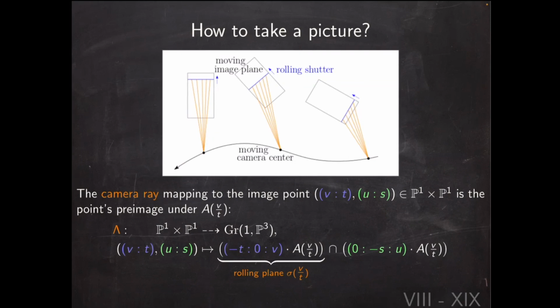It's a beautiful map that we can study as algebraic geometers that would eat pixels. It eats a point on the image plane and it outputs a line. Here Gr stands for the Grassmannian of lines in P3. And so that's one of these orange lines from the picture, the orange line that contains all the points in the ambient space that get mapped to that fixed image point. So that map we can write down.